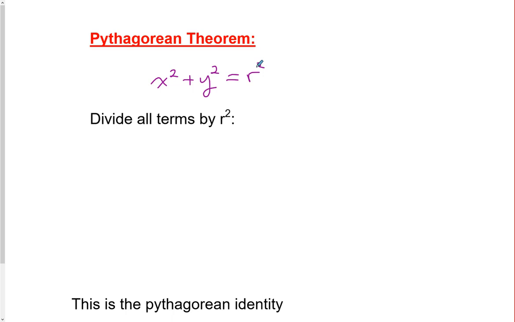Now what if I go ahead and I divide all of my sides by r? I'm going to take all of those parts of my Pythagorean theorem, but I'm going to divide them all by r squared. So that means I'm going to end up with my regular Pythagorean theorem and I'm going to divide all of the sides by r squared.